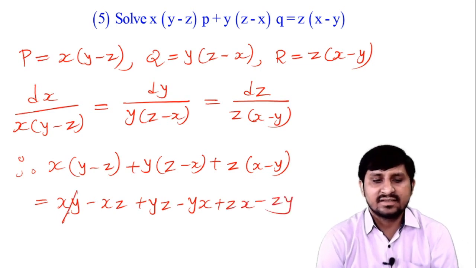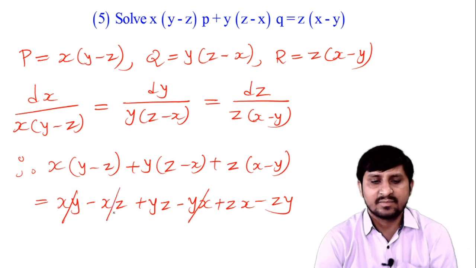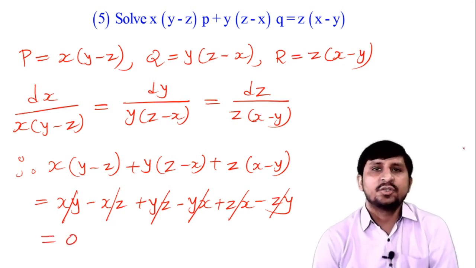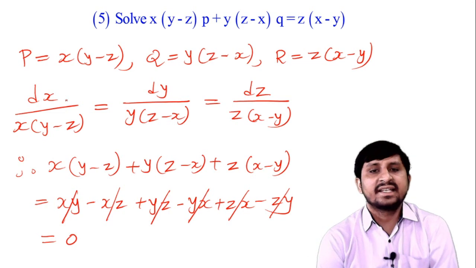So xy minus xy, minus xz plus xz, and yz minus yz, so the addition is 0.